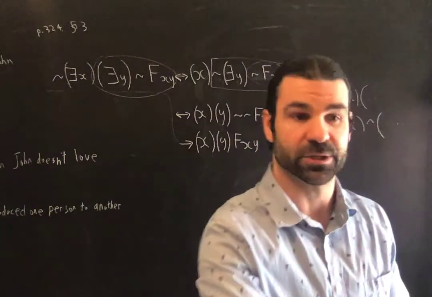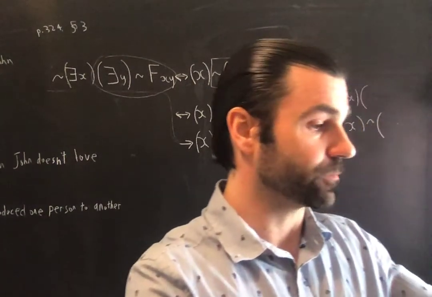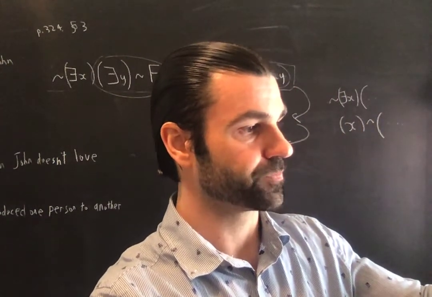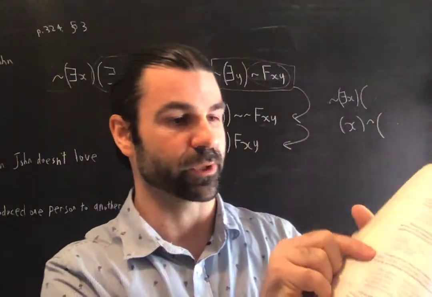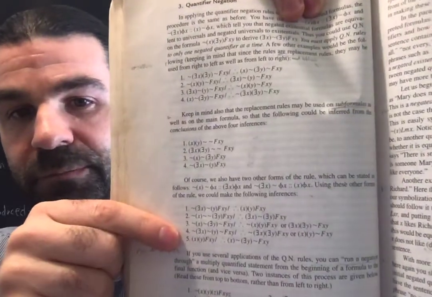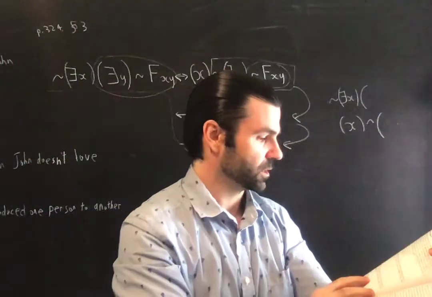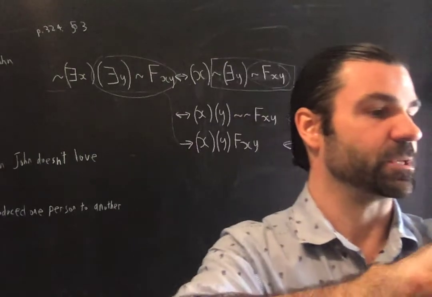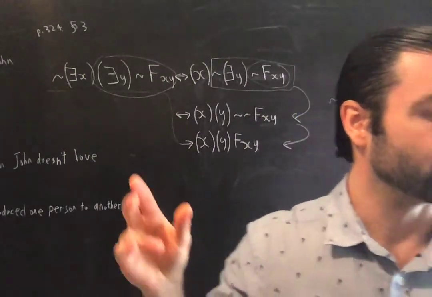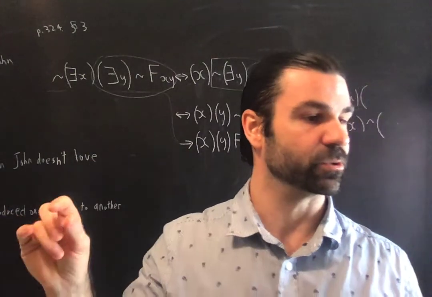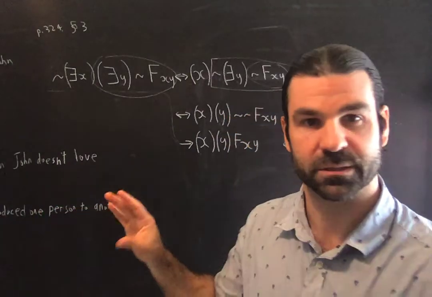That would be an application of these extra forms that she mentions on page 324. At this page, she gives you these other forms. Of course, we have two other forms of the rule which can be stated as follows. Not for all x, not phi x goes to there exists an x, phi x.